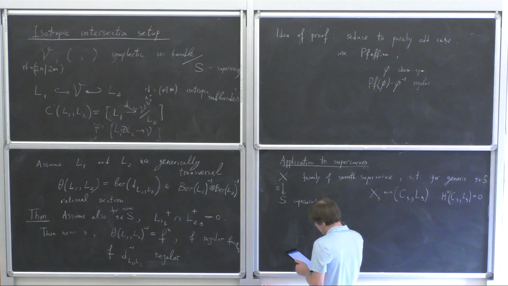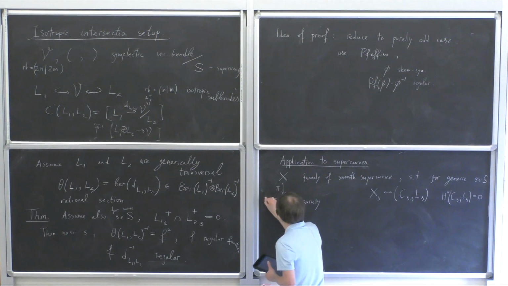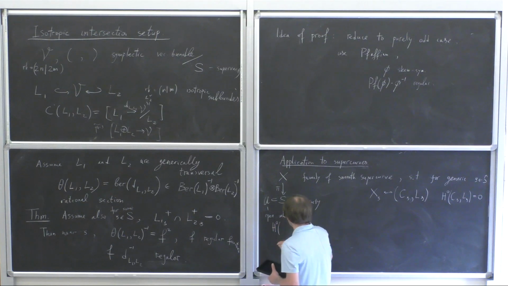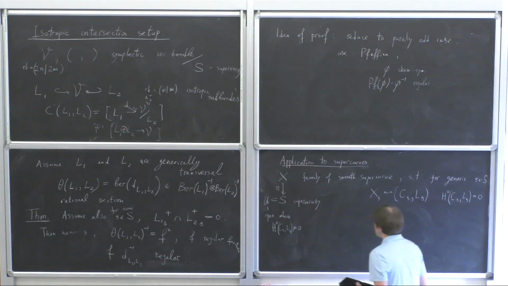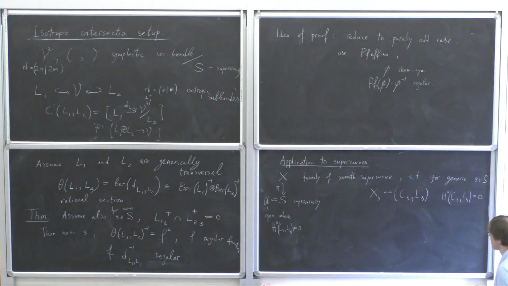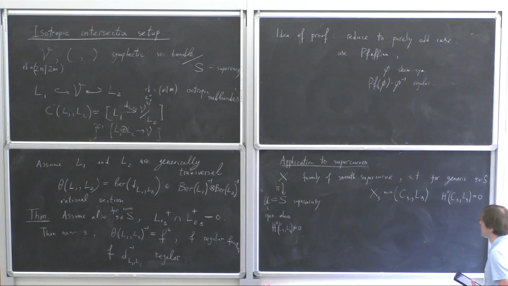So I assume that there is a little more data. Let me call by U an open subset where everything is okay, where the spin structure doesn't have sections.